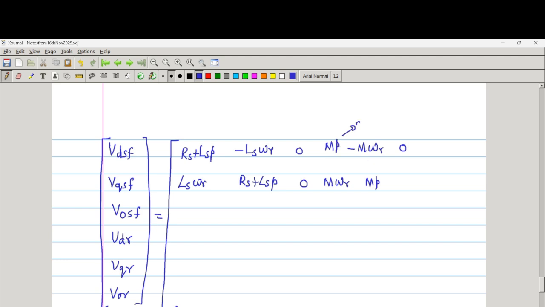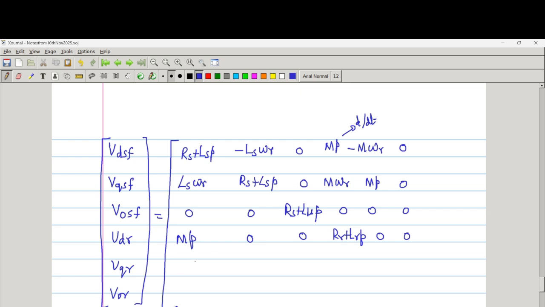P means d by dt, okay, into 0. Then we will have 0 0 Rs plus LLS into P 0 0 0. Then another one, M into P 0 0 R plus LR into P 0 0.